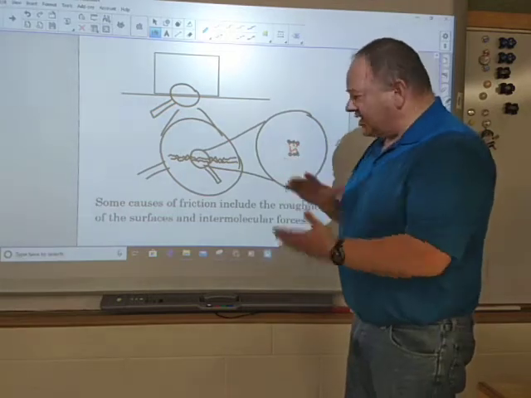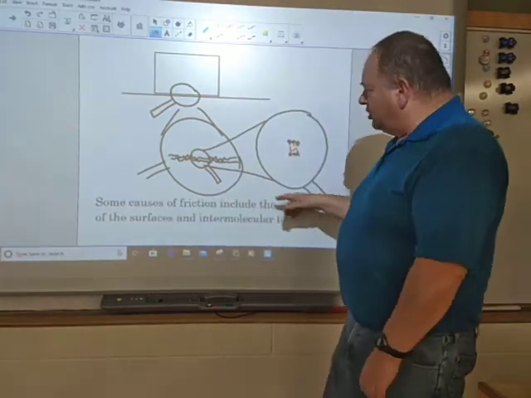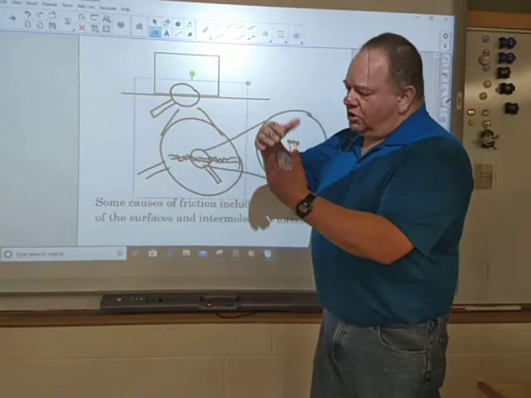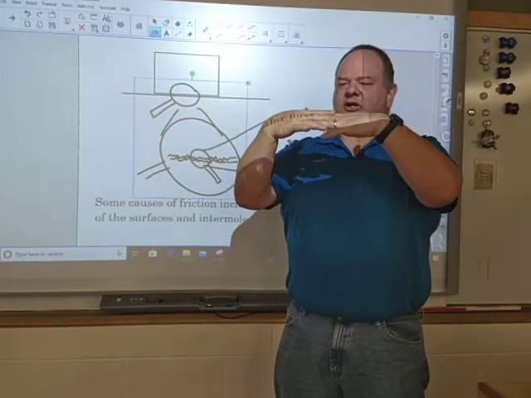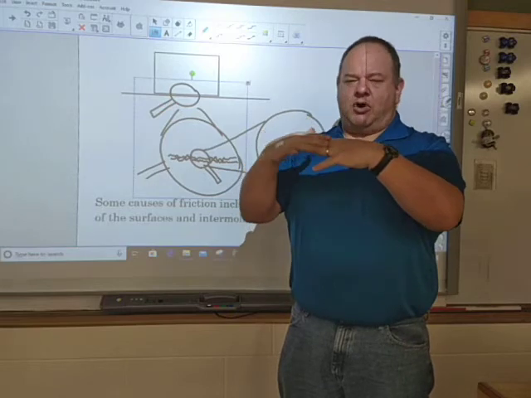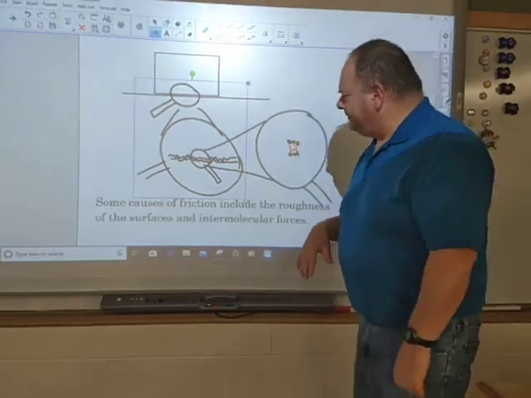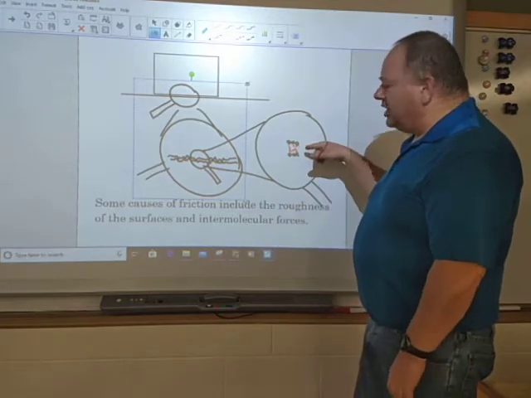Some molecules are attracted to other molecules. So some of the causes of friction include the roughness of the surface. If I've got my fingers settling together into grooves, and then I try to move my hand sideways, they have to plow across those ridges. So the roughness of the surface, but also intermolecular forces.